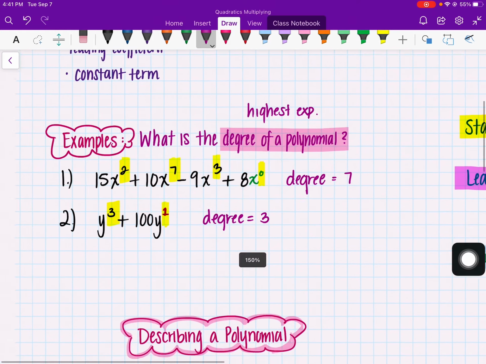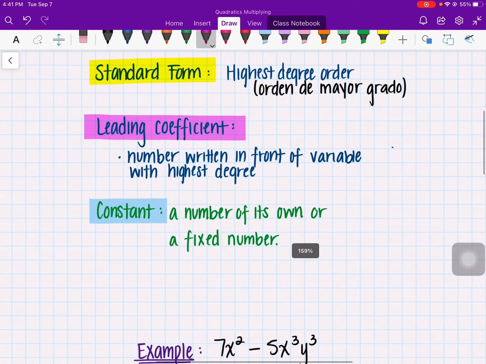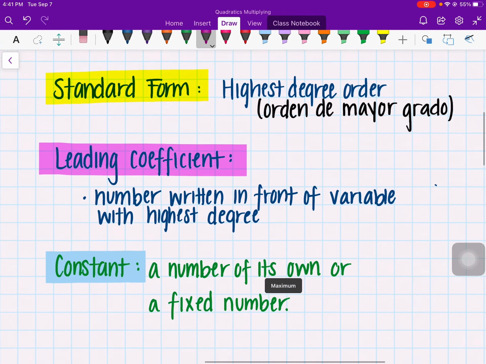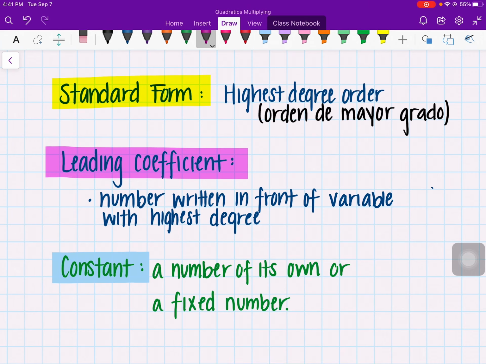All right. Let's go ahead and move on to the next one, guys. And this here, it's just talking about what we're going to be looking for in the next examples. We are going to be categorizing or rewriting the expressions and then determining the leading coefficient, the constant, the degree, and the type of polynomial. So standard form in this case, guys, talks about the highest degree order. So you have to put your expression in order from the highest exponent to the lowest.